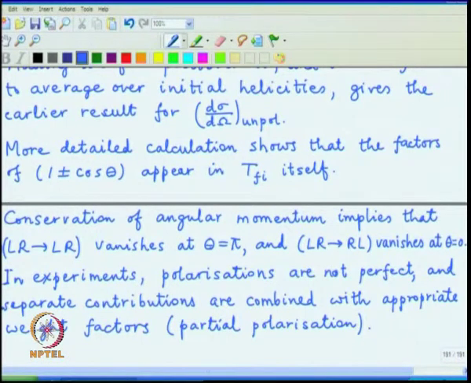Okay. So, that is as much as I want to say about the calculation of polarized cross sections.